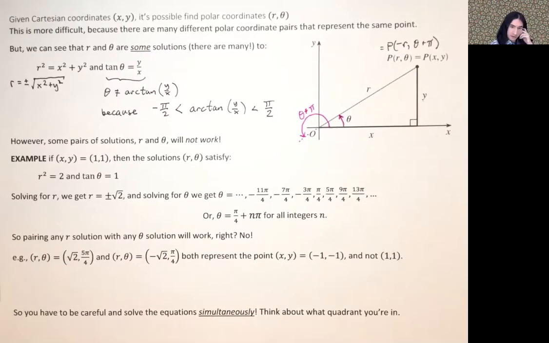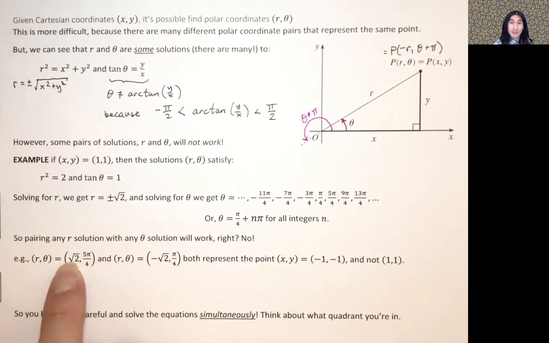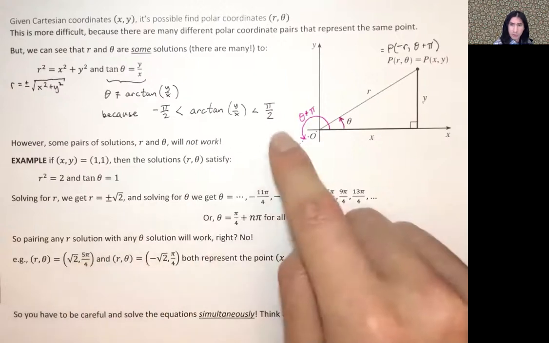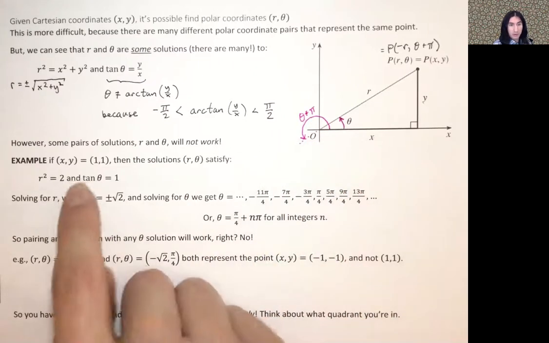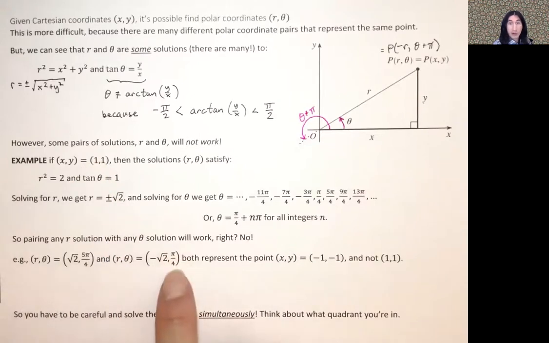Okay, so for instance, if I want to finish this problem appropriately, then using my r equal to root 2, which theta should I have actually used? 5 pi over 4 put me in quadrant 3. I didn't want that. I want to be in quadrant 1 for this point. So that means I should actually be using the pi over 4.